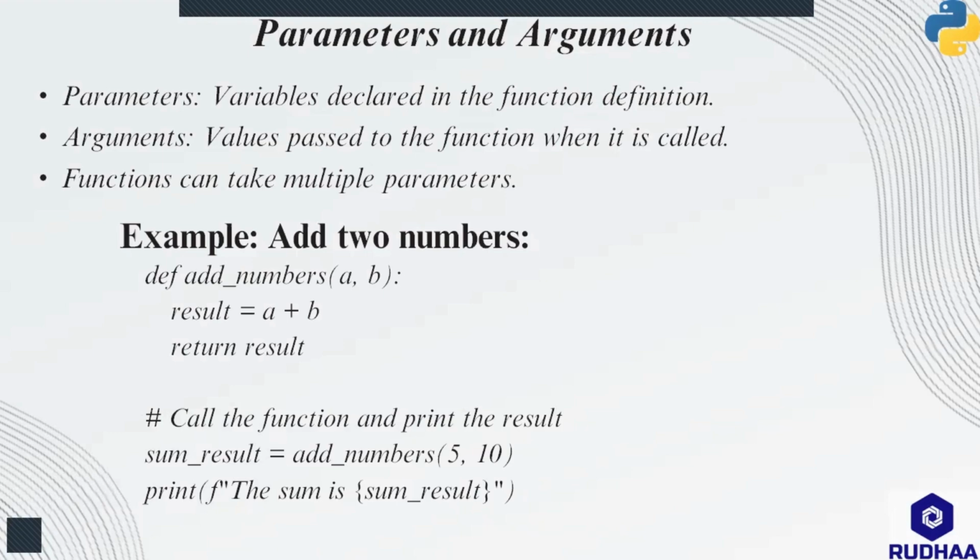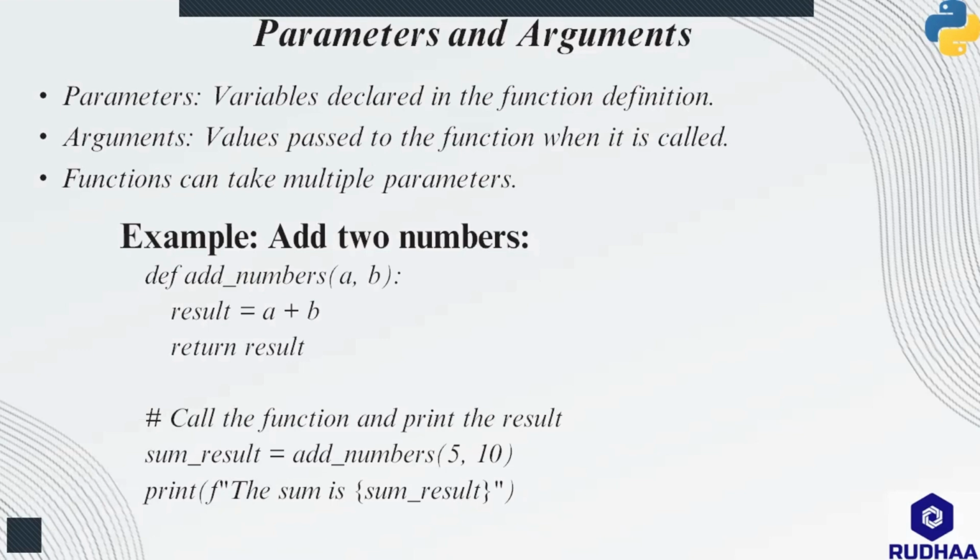That type of argument is called a keyword argument. Then there are positional arguments, where the position decides whether it is the first or second value. And also arbitrary arguments, where we can pass a variable number of arguments to a function using special symbols. These are some of the types of arguments and function parameters.